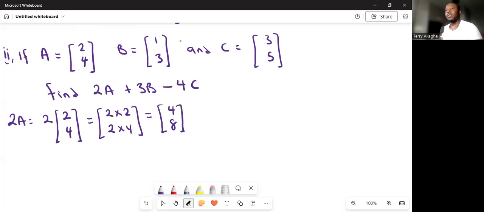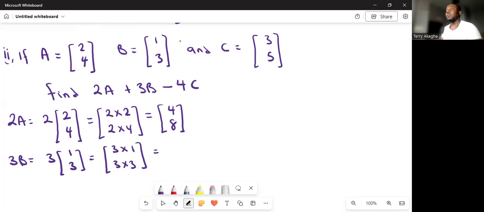Then the next one is 3B. 3 into bracket, B is 1 and 3. It gives us 3 times 1 and 3 times 3. So 3 times 1 is 3, and 3 times 3 gives us what? 9.